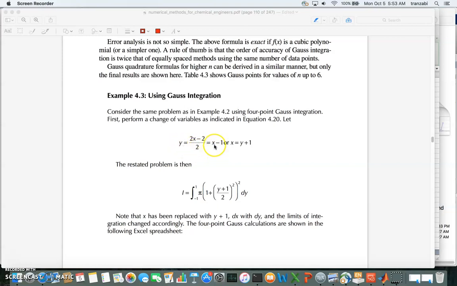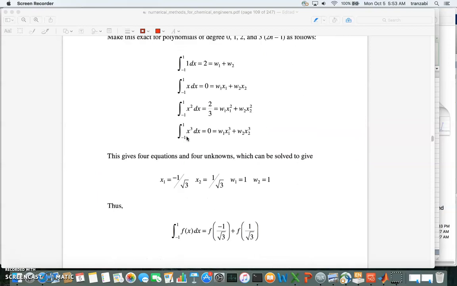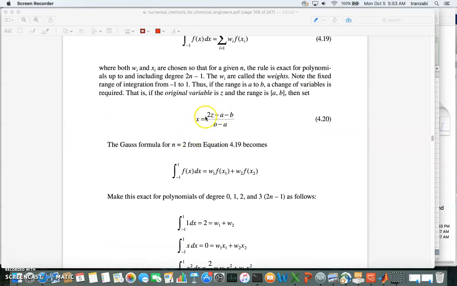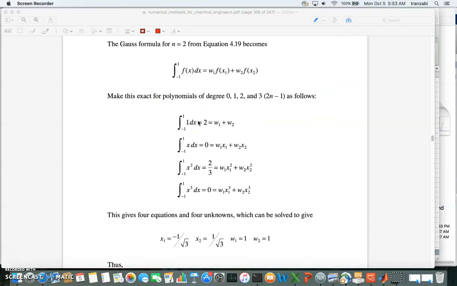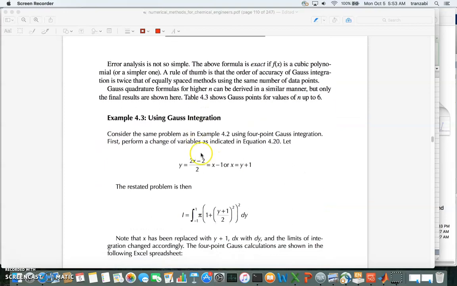So if x varies between 0 and 2, y varies between -1 and 1. The conversion follows exactly the rule we discussed here. In this case, z is going to be the x, and the x is going to be the y. You can plug in a and b, and you see that that's the formula.